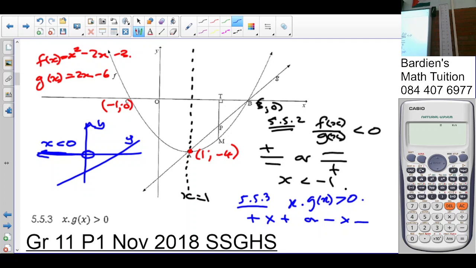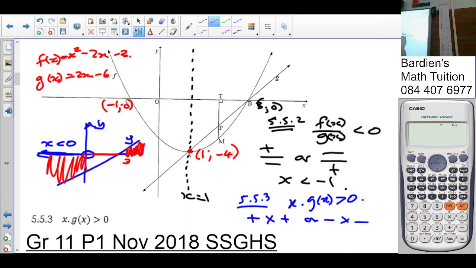So the bar must be negative and the graph must be negative. Is that the case here? Yes. The bar is negative and the graph is negative up until 0. Then what do you notice from 0 to 3? One is positive and one is negative. That's not what I'm interested in. However, on the right hand side of 3, that's again the case.